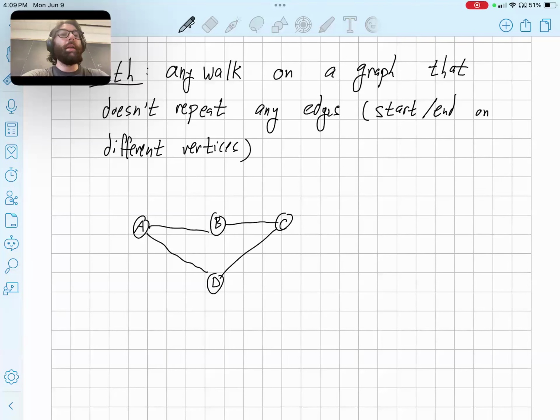An example of a path is AB. You start at A, go over to B. You don't use every vertex, you don't use every edge. It's neither Hamiltonian nor Euler, but it's still a path.